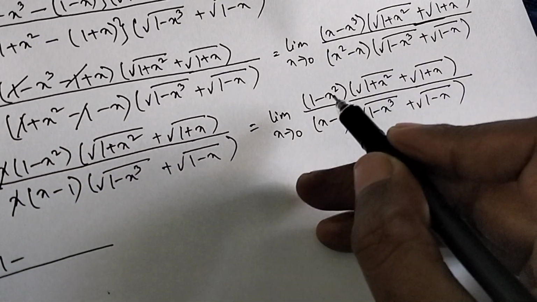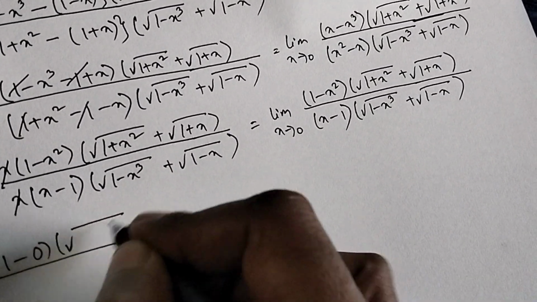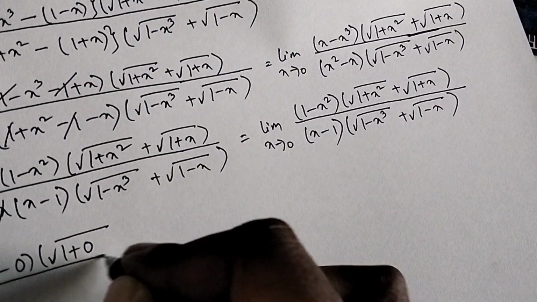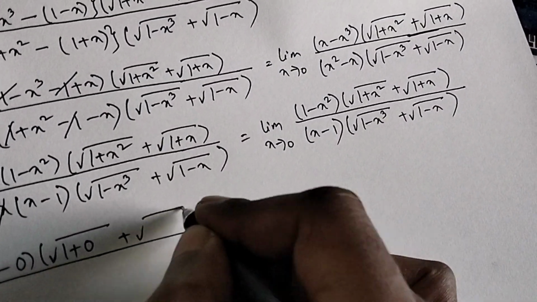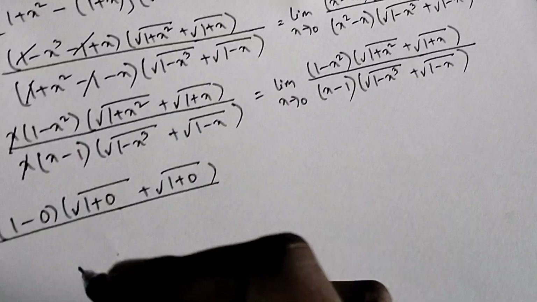1 minus 0 square is 1. 1 plus 0 square is 1, 1 plus 0 is 1.